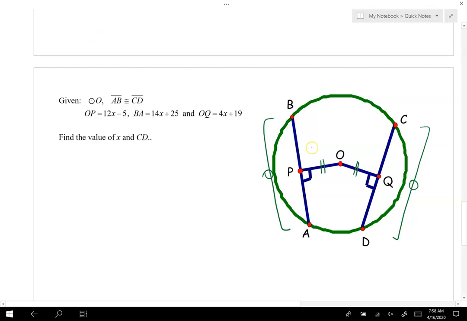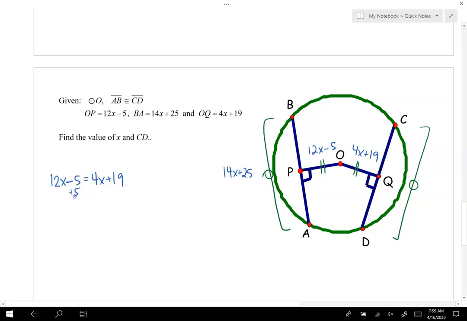So segment OP is 12x minus 5. Segment BA is 14x plus 25. And then segment OQ is 4x plus 19. So find the value of x first. So 12x minus 5 equals 4x plus 19 because those distances have to be the same.